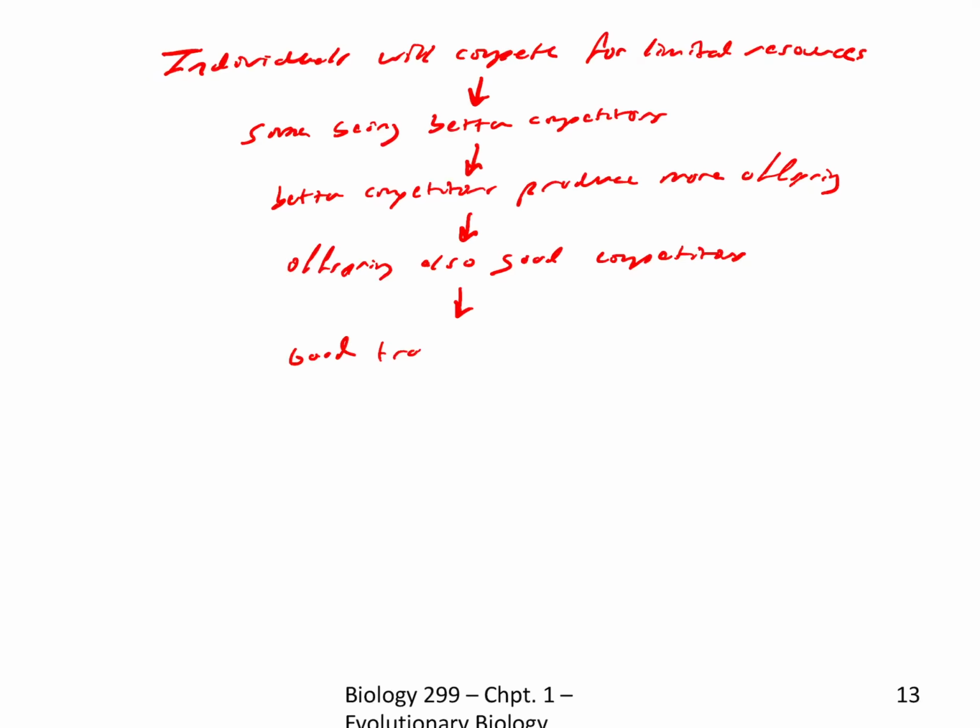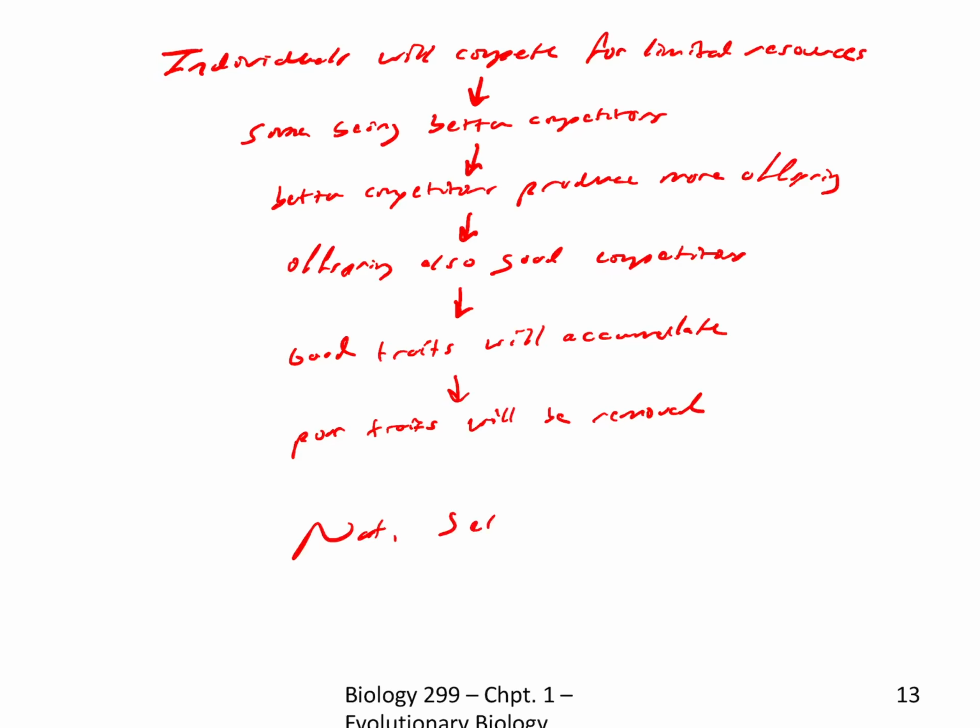This means that good or adaptive traits, right, abilities that are good to have, will accumulate in the population, and it also means that poor traits, those that are not adaptive, will be removed from the population.